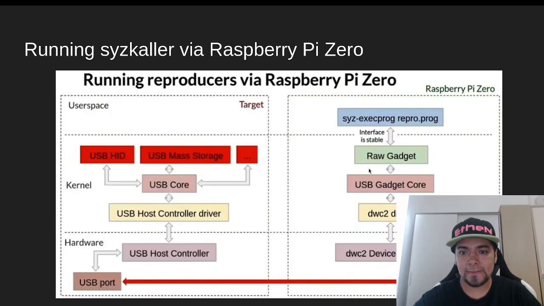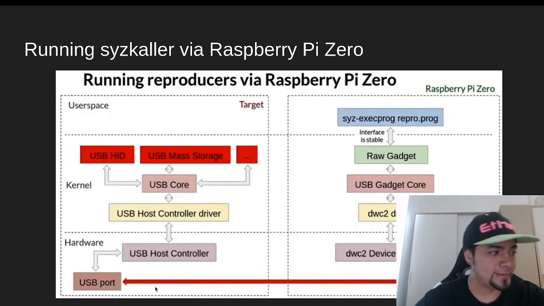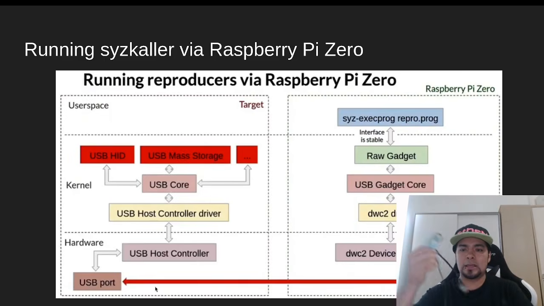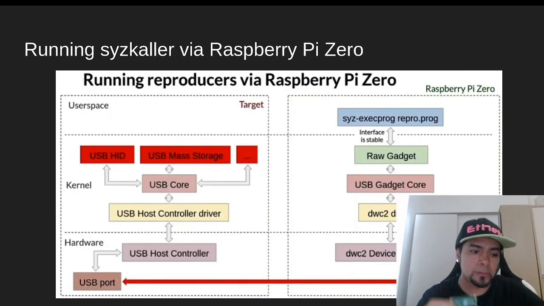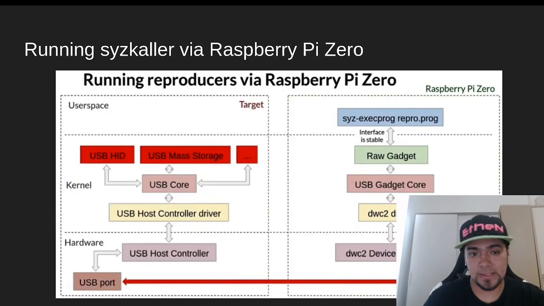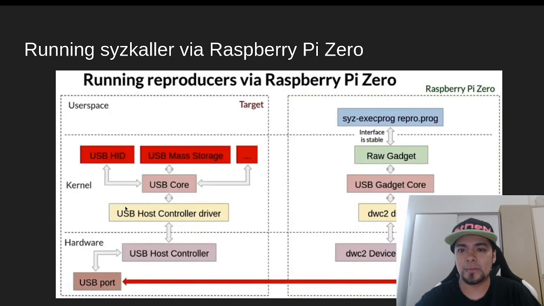You emulate a USB device through the Raspberry Pi. You connect this, for example, to this laptop. Boom, and after that the laptop will parse this like a USB device, and after that you can do fuzzing right now with this. So this is one feature, right?